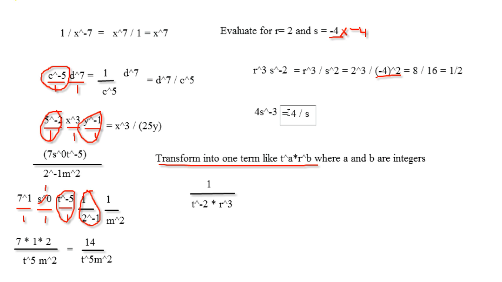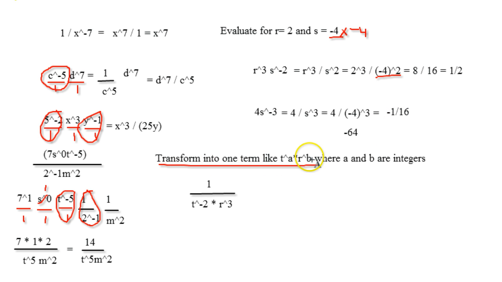So this is going to become 4 over s to the 3rd, which becomes 4 divided by parentheses, negative 4 to the 3rd. Okay, now this one's going to have 3 negative 4's, and if you check on your calculator, that's going to turn into negative 64. All right, and 4 divided by negative 64 is going to become negative 1 over 16.